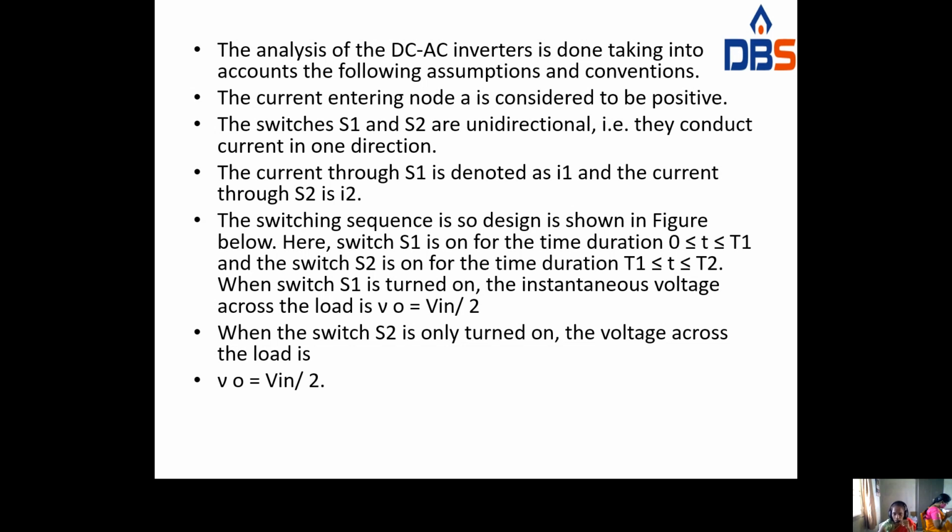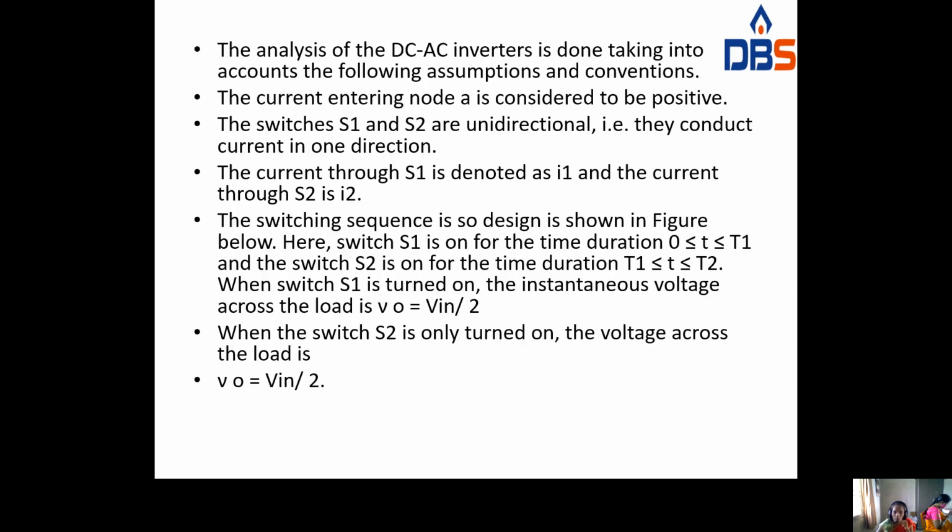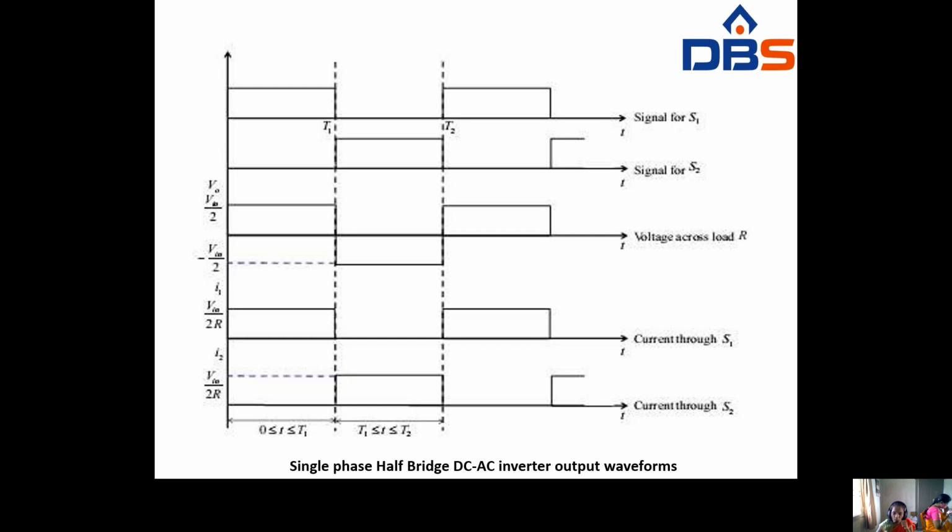When switch S1 is turned on, the instantaneous voltage across the load is V0 equal to Vin by 2. When only switch S1 is turned on, the voltage across the load is V0 equal to Vin by 2. These are the half bridge DC to AC inverter output waveforms.